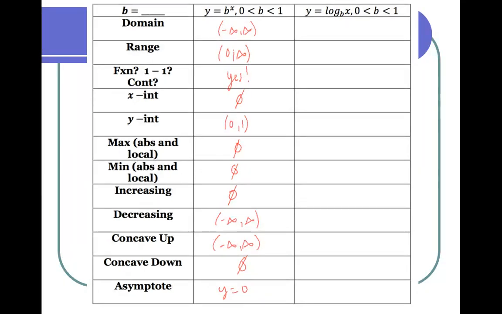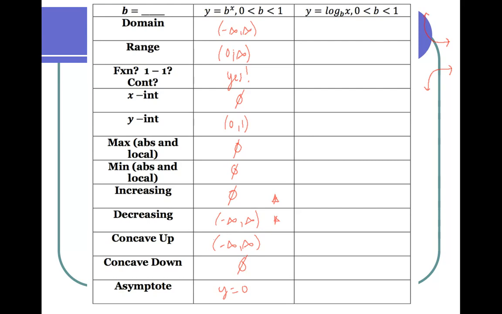So really the things that changed there were just the increasing and decreasing interval. For a log function, what did that look like? Now I'm blanking.